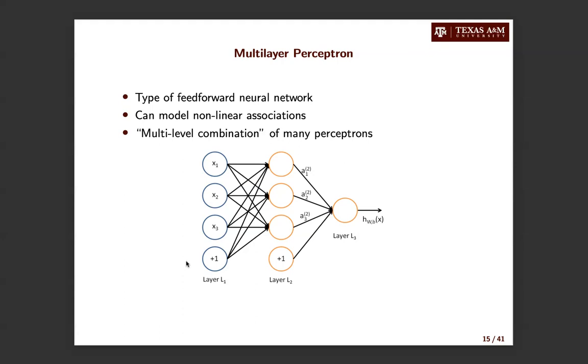And the multi-layer perceptron is implemented by the multi-level combination of many perceptrons. So in this case, we can see a multi-layer perceptron that has one input layer, the output layer, and also one intermediate layer or one hidden layer, as we call this type of layer.